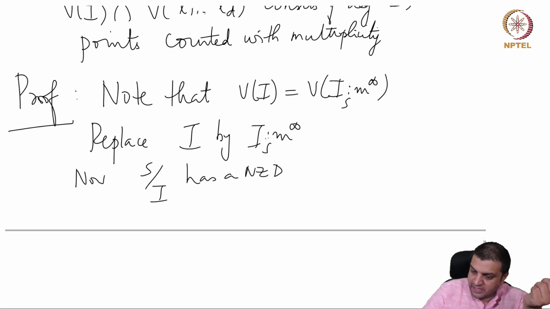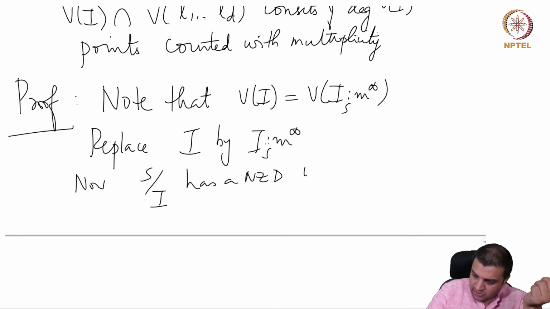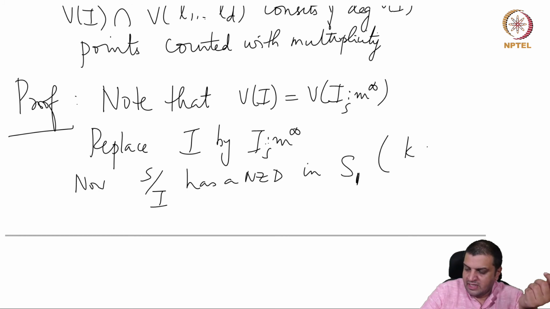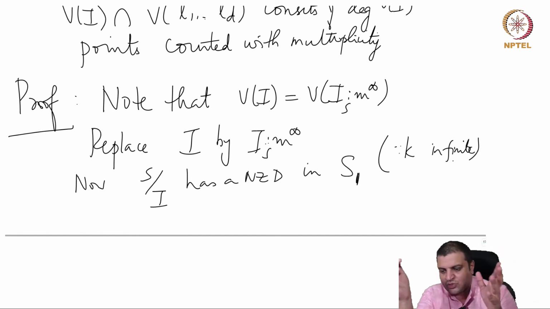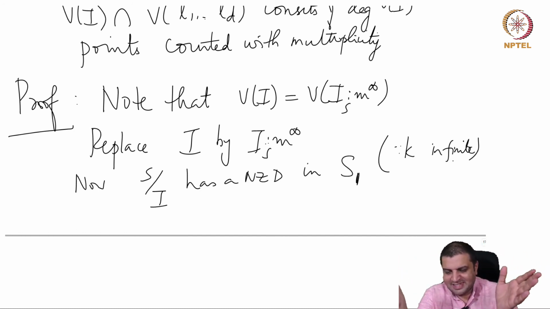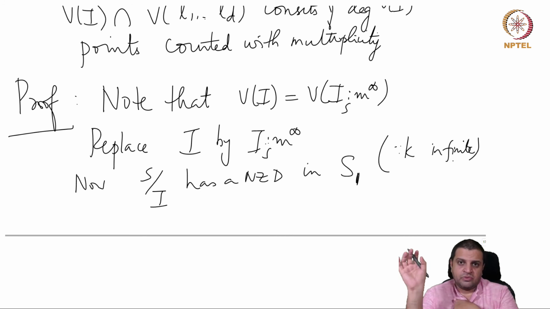So where does K come in, for the non-zero divisor in degree 1? K has to be infinite, K has to have so many elements so that the degree one part is not contained inside the union of the associated primes.